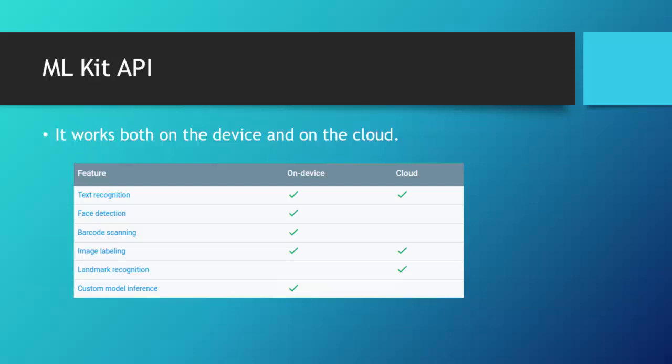The custom model inference, I'm talking about TensorFlow Lite. And these ML Kit APIs provide on-device storage and on-device processing, and cloud-based processing. We will discuss the APIs in detail, starting with the text recognition API, in the next slide.